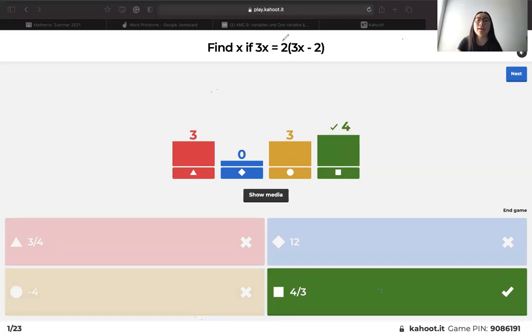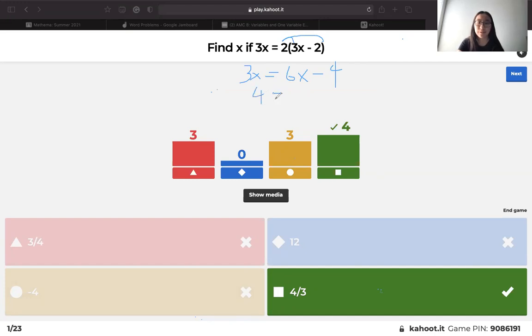So our strategy for doing this can be to first use the distributive property here. That expands that half of the equation into 6x minus 4 equals 3x. Now we can isolate the variable like usual: subtract 3x from both sides and then add 4 to both sides.